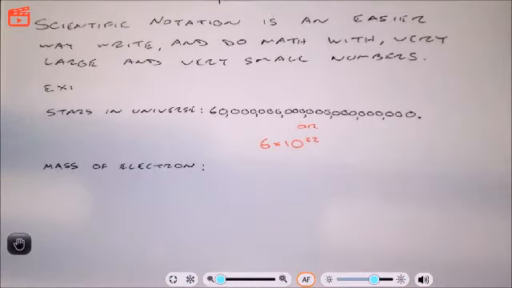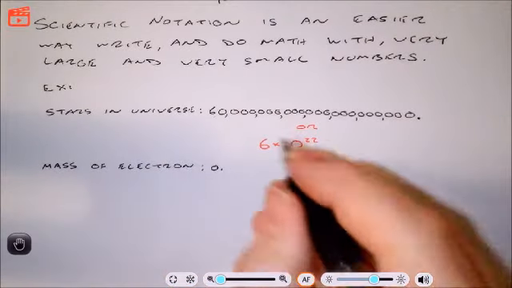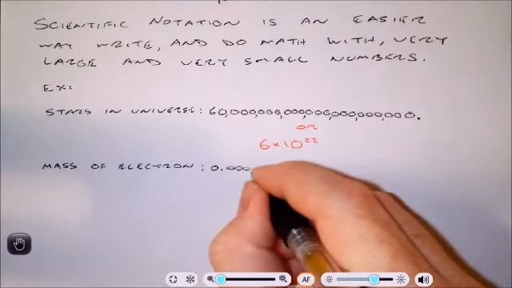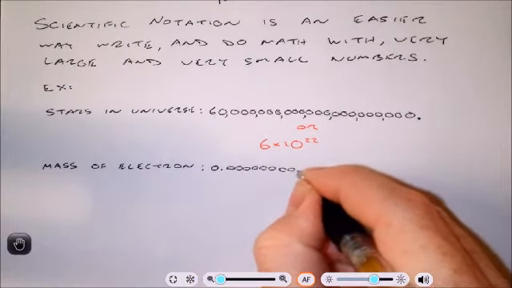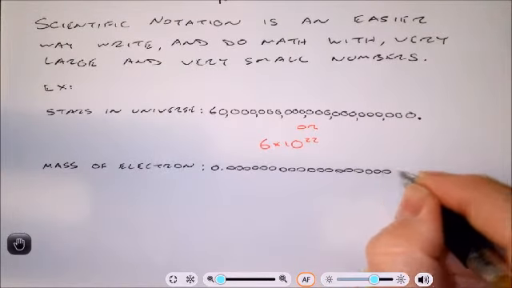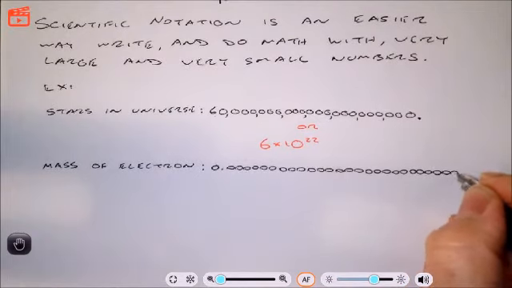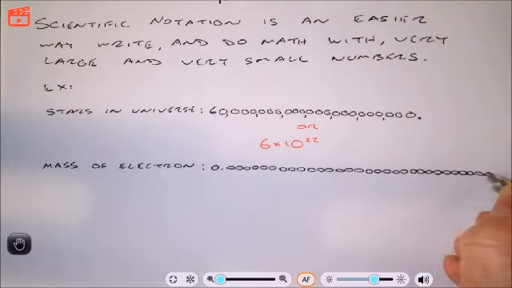So when we talk about one electron, this is the approximate mass of an electron. There it is. That is a lot of zeros behind the decimal. That is a very, very, very small number.